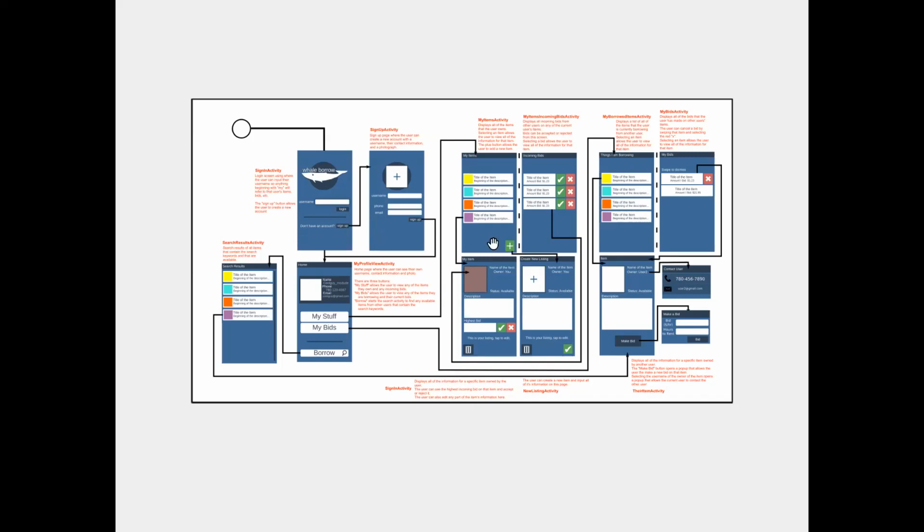And when you click it, you will have information here. And when you click on the user, you will get the contact details. When you want to make a bid for the item, you can provide a bid value for that.